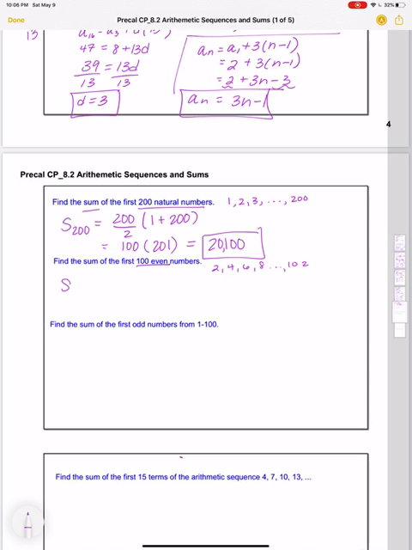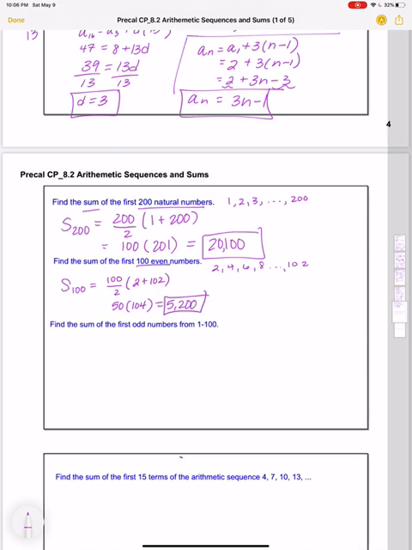So find the sum. How many numbers are we adding? 100 numbers equals 100 divided by 2 times the first number plus the last number. So that's 50 times 104, which is 5,200.